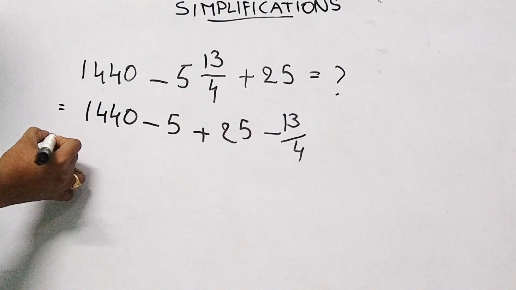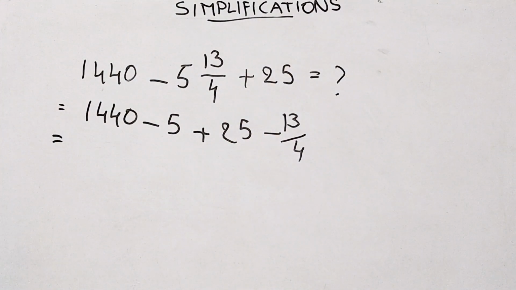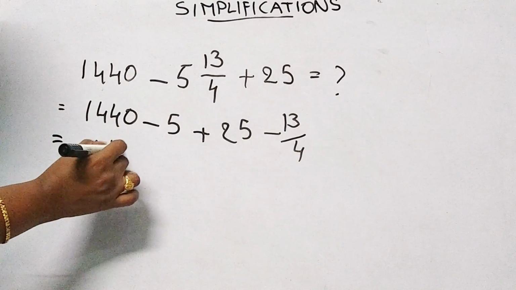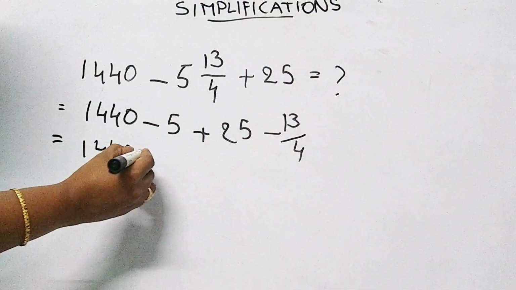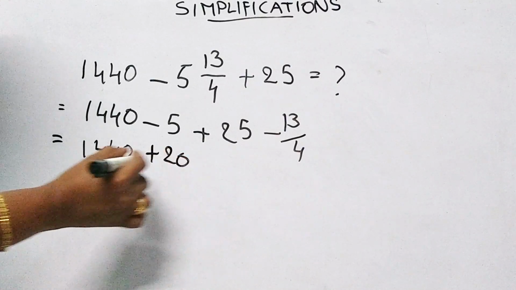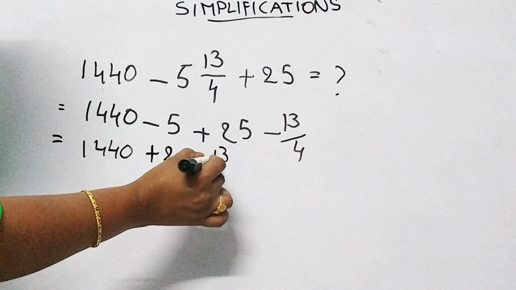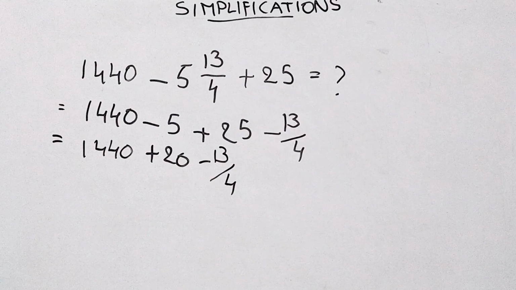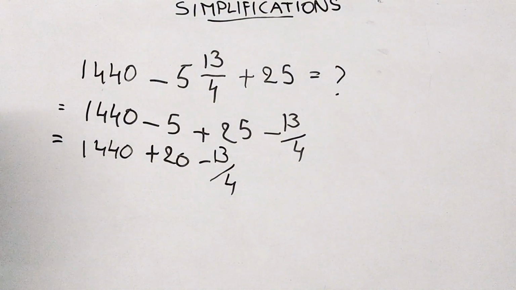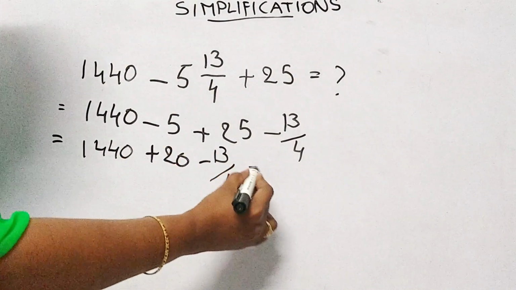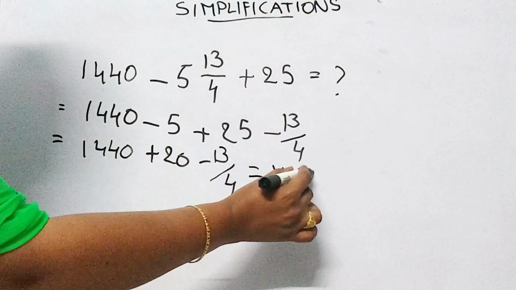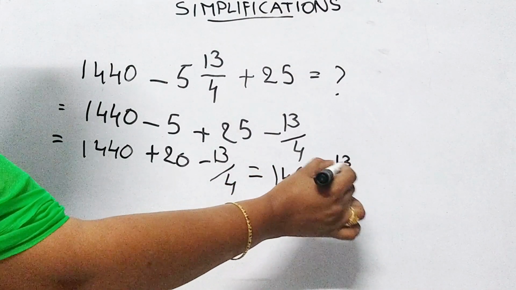Now 1440 minus 5 plus 25 is plus 20. So 1440 plus 20 is 1460, minus 13 by 4.